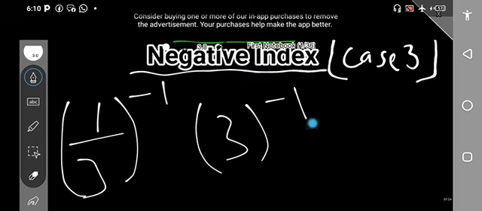Now in case 3, we want to consider powers that are lesser than 1, or let me say, better put, we want to consider negative powers that are not minus 1. We have considered minus 1. Now let's consider other negative powers.